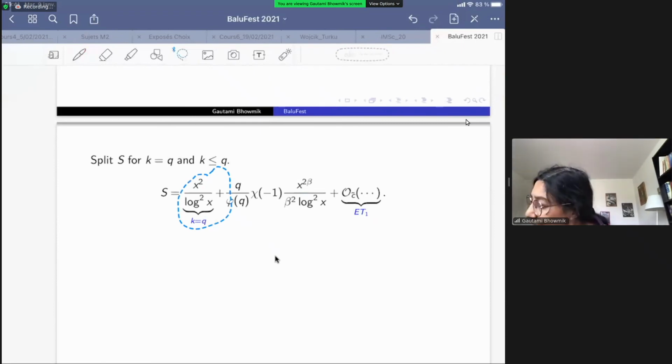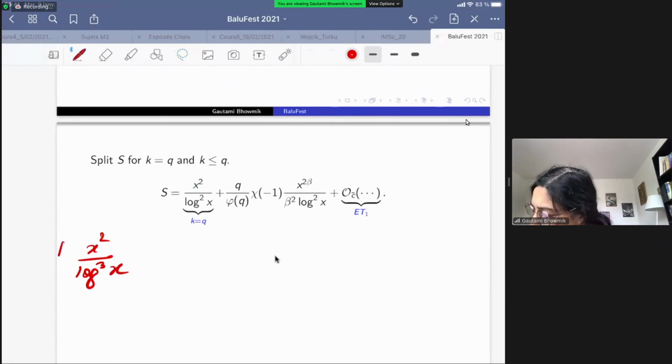And the error term is like, you can expect something like x squared by log cube x. So it's a big O of, if you work this out, q squared by 5q squared, and so on.